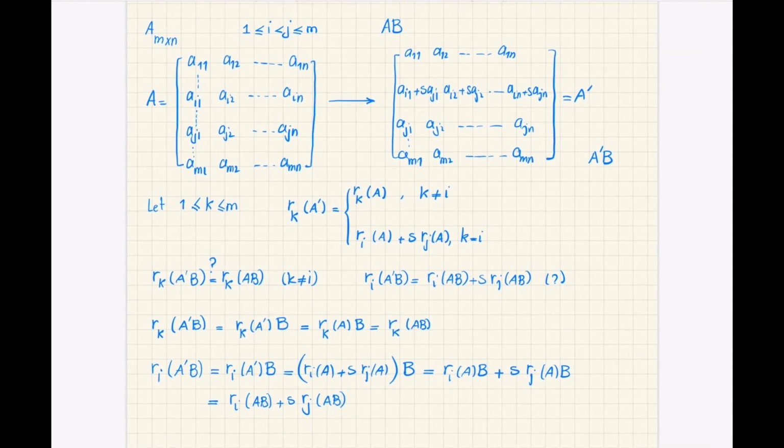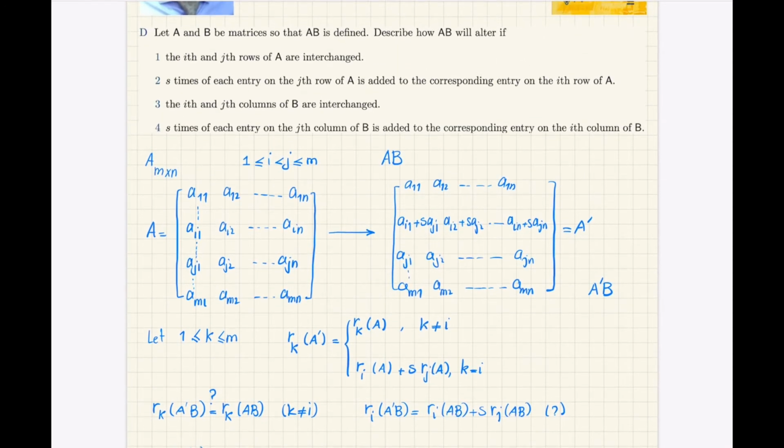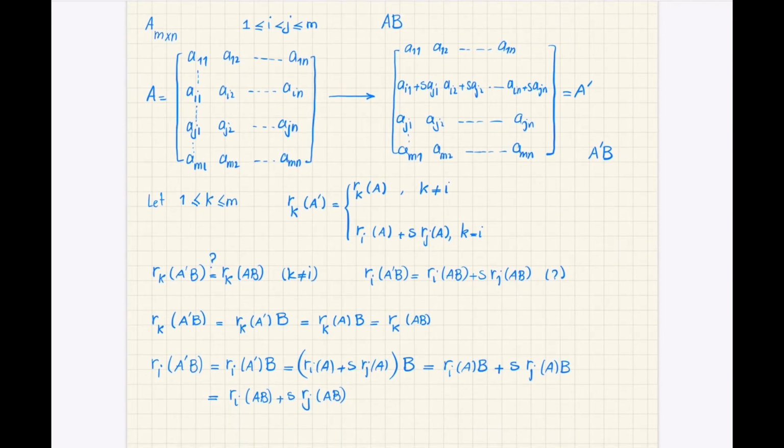That is also similar for other parts, but of course you need to use other relations. For example, if I want to talk about columns, I have a formula that the kth column of the product is equal to the whole matrix A multiplied by the kth column of matrix B, the matrix sitting on the right. So that would be useful information for the other parts, part 3 and part 4.